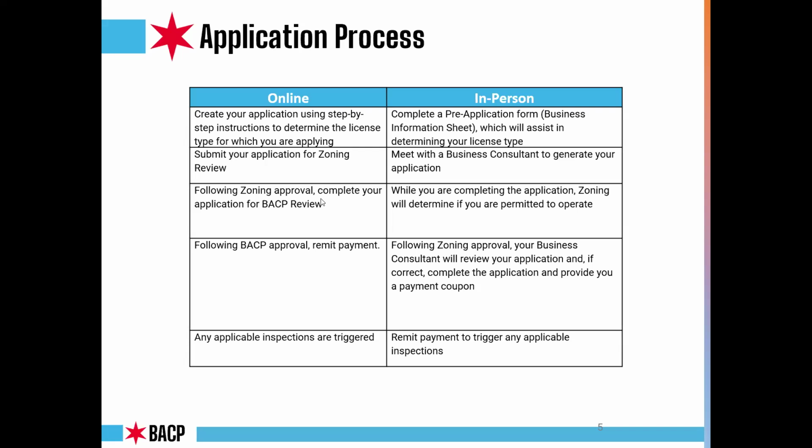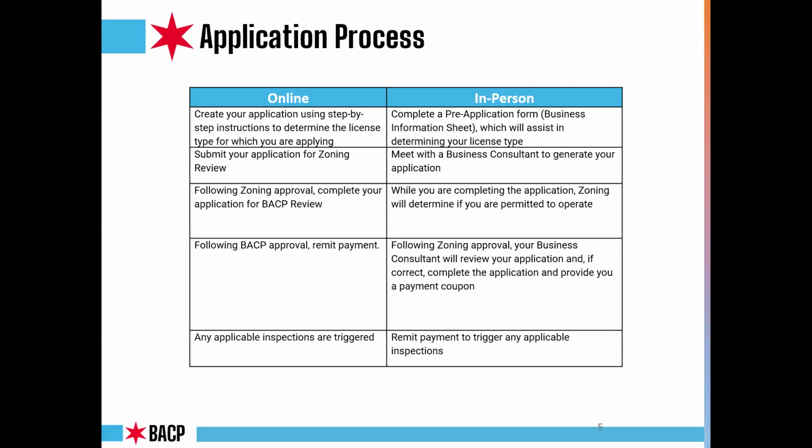Just so you're aware, zoning reviews online can take up to and beyond 30 days. If you are in more of a time crunch and need to get licensed faster, then we highly recommend you come in person. Once you've received zoning approval online, then you will start the BACP review process. And in the BACP review process, that's where you will get into more information about your actual business.